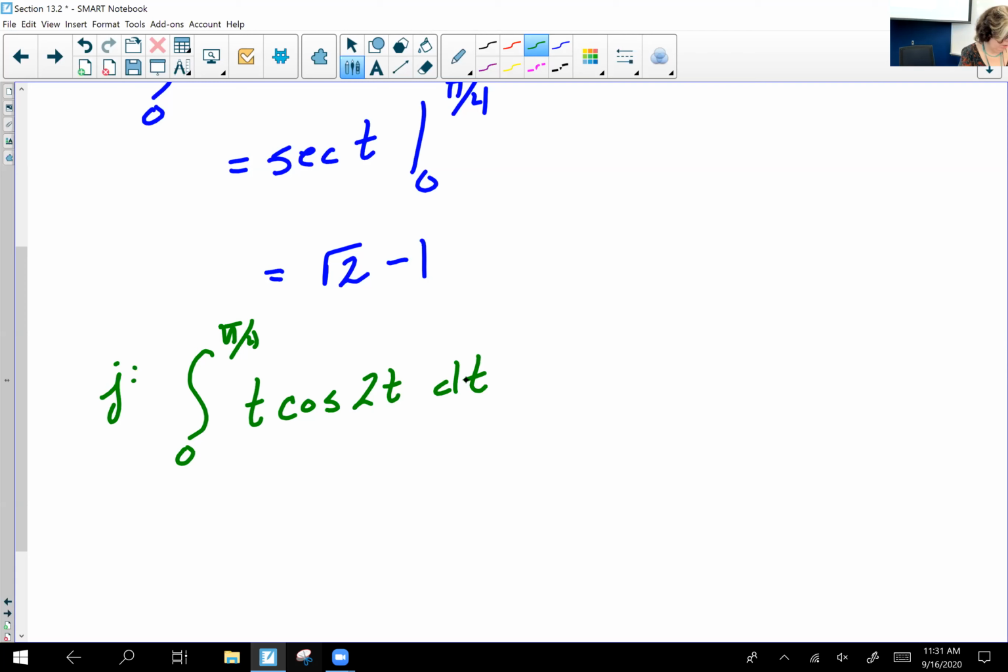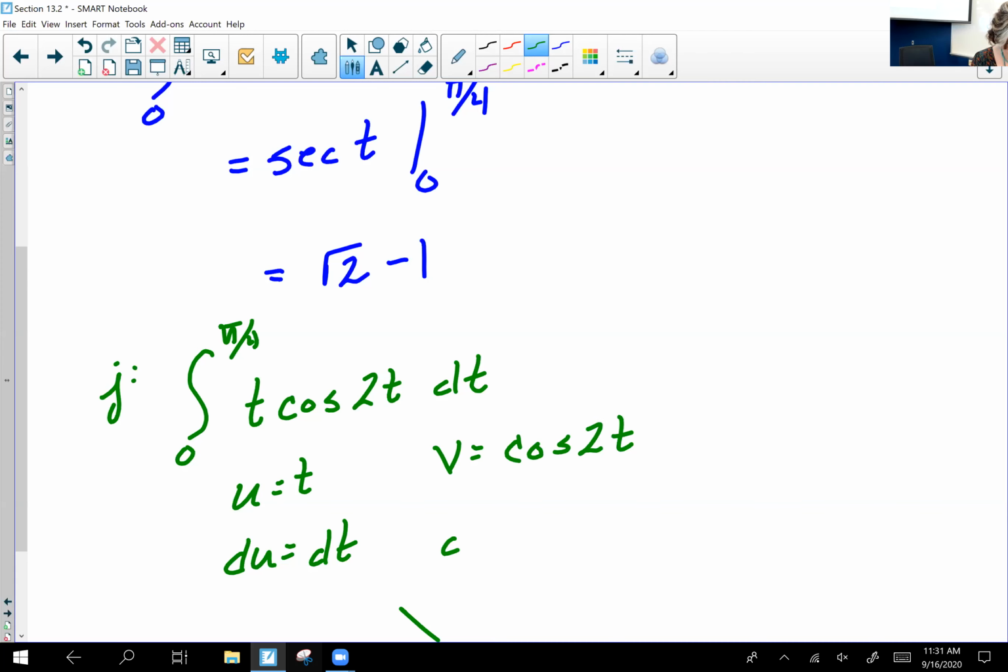See all these Calc 2 things that come back to haunt you? I want the t to go away. I know I didn't have you guys for Calc 2, but being lazy, I always look to see what can go away, and that's how I figure out my U-substitution. V is then going to be cosine of 2t, so dv is negative 2 sine of 2t.